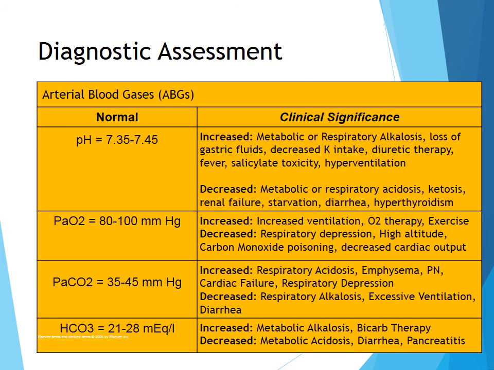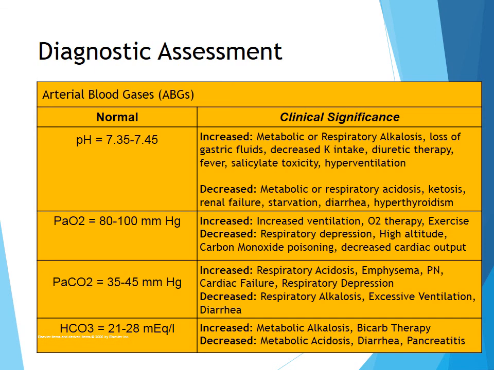So this is the diagnostic assessment that you will generally see in patients: ABGs, or arterial blood gases, drawn directly from an artery. It's usually an artery in the wrist that they draw ABGs from, but it can be from a femoral artery as well. The levels you're going to be looking for are your pH. Normal levels for a pH are 7.35 to 7.45.